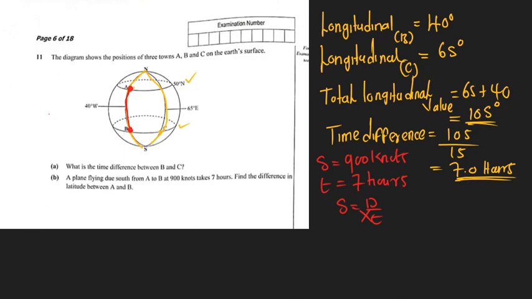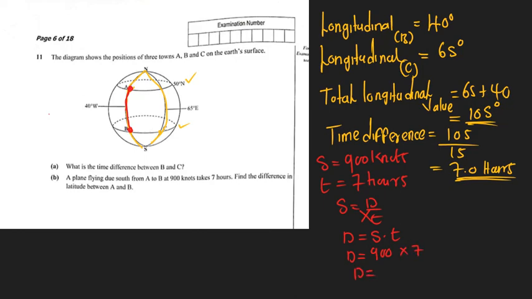You cross multiply, you make d the subject. So d is going to equal s multiplied by t, where s is the speed and d is the distance. You get your 900, you multiply with your time, which is 7.